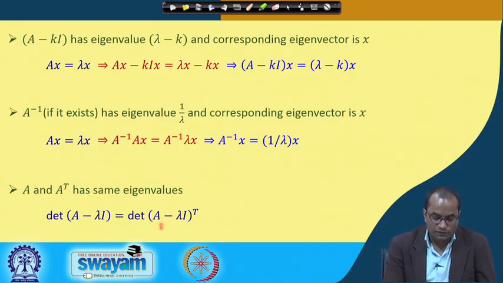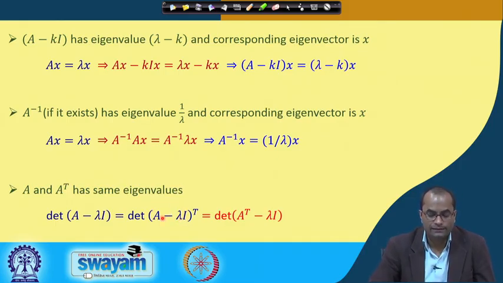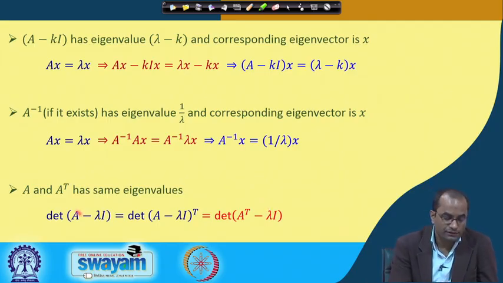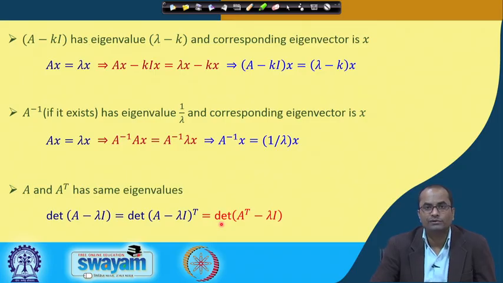Now, the property of the transpose says that (A minus lambda I) transpose will be A transpose minus lambda I transpose, which is again I. So, this is equal to the determinant of A transpose minus lambda I. That shows the characteristic polynomial of A minus lambda I is the same as the characteristic polynomial of A transpose minus lambda I, so we have the same characteristic equation for A and A transpose.